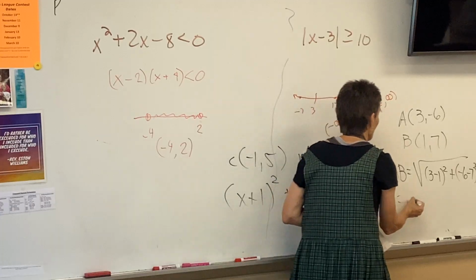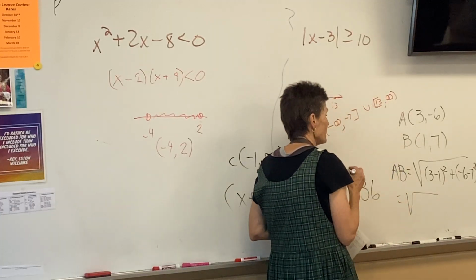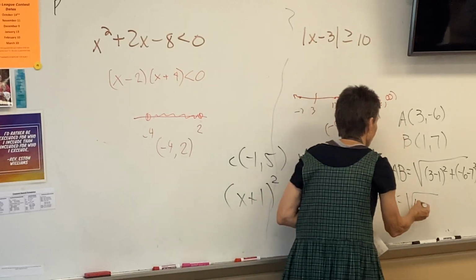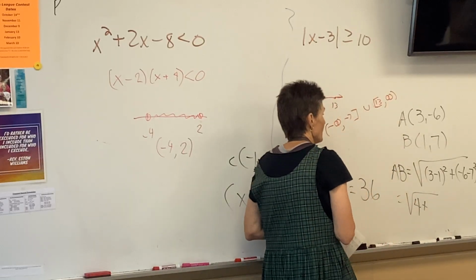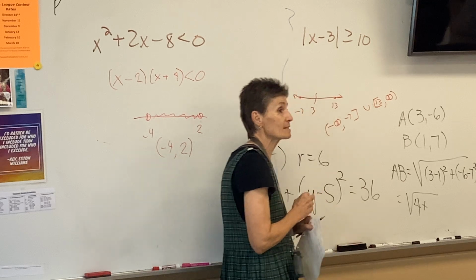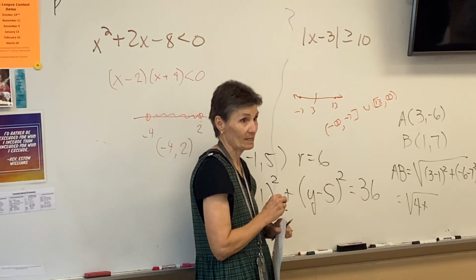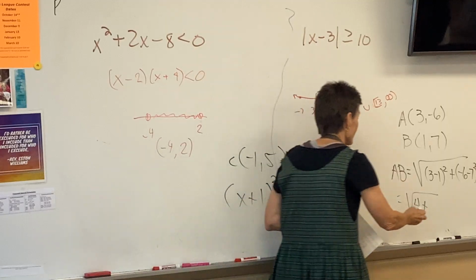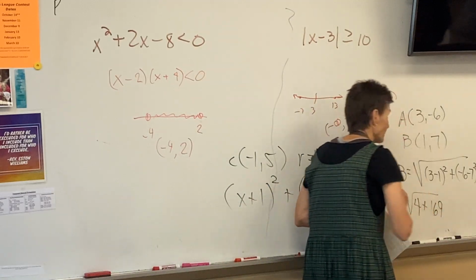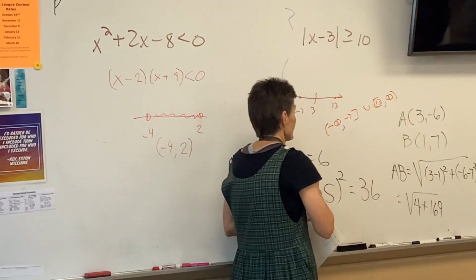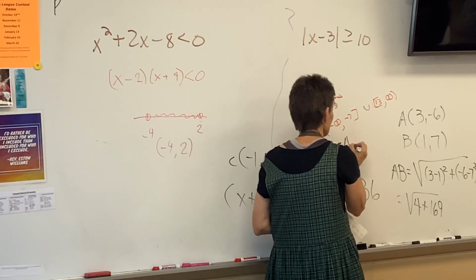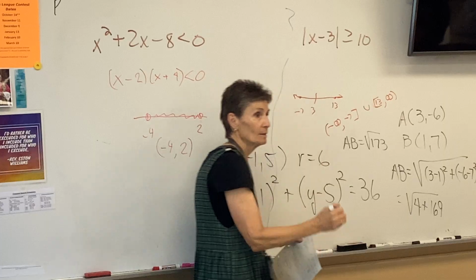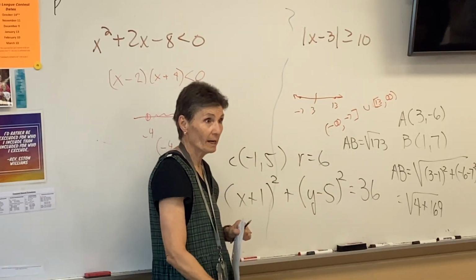So we have 3 minus 1 is 2, squared is 4. -6 minus 7 is -13, squared is 169. So that is the square root of 173, which is prime. So I'm done.